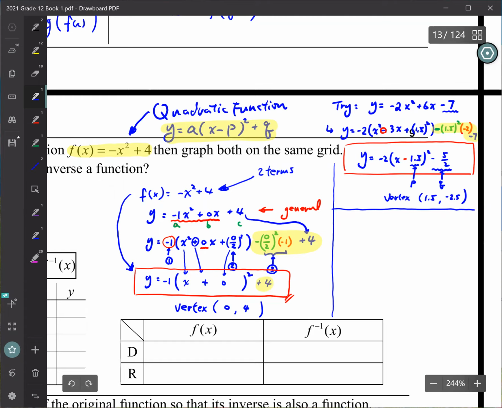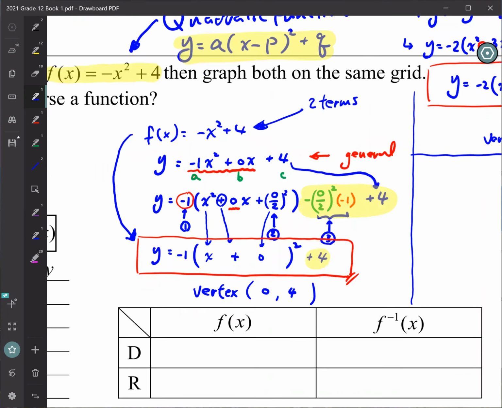I'm just showing the steps to give you practice on how to change it. Because there's no second term, and in general form the middle term is 0x, B is 0. So that right away tells you the P should be 0.